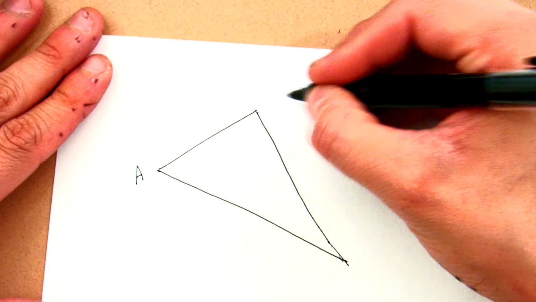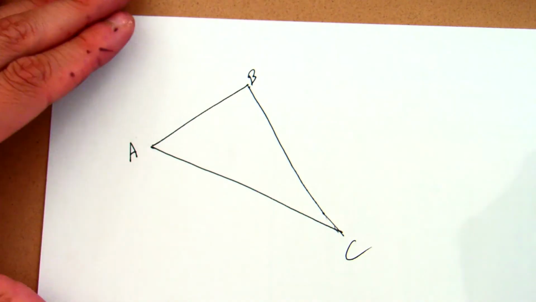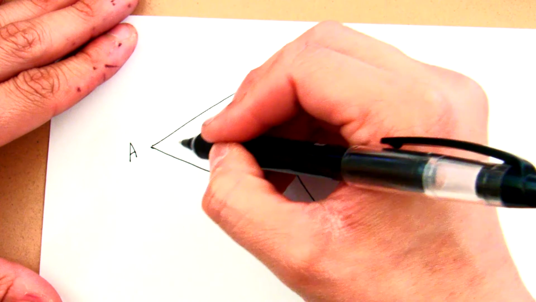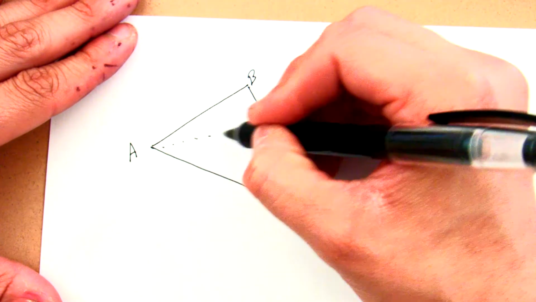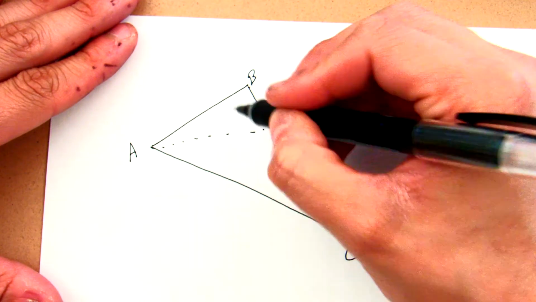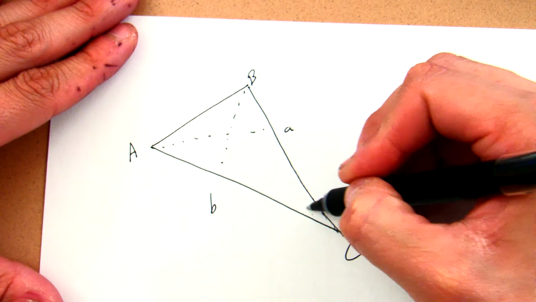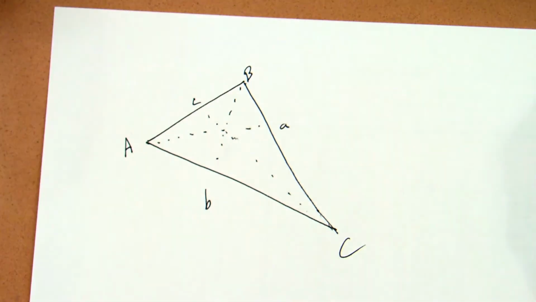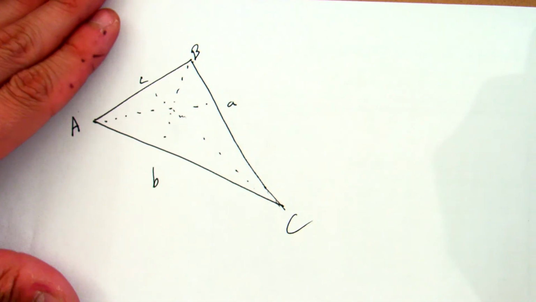And just label it A, B, and C here, okay? So now you're going to label the sides across from the angle with the lowercase version of that letter. So across from A is little a, across from B is little b, and across from C is little c.